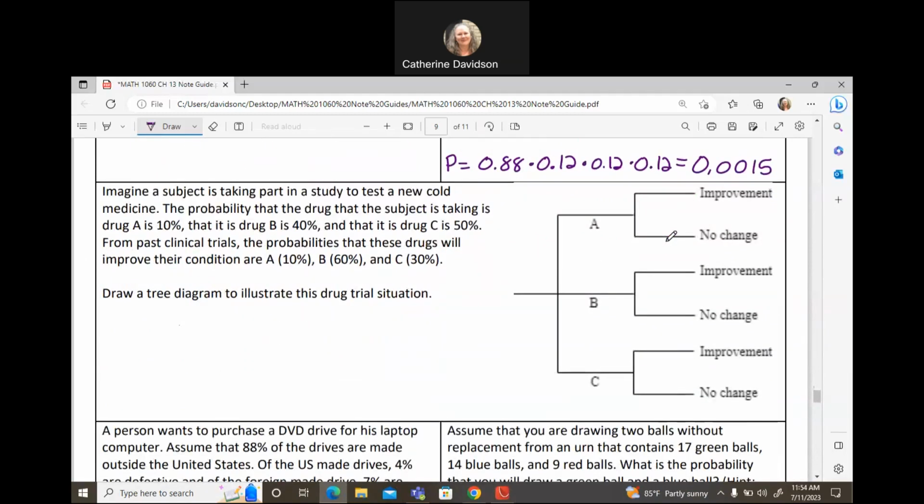Imagine a subject is taking part of a study to test a new cold medicine. The probability that the drug the subject is taking, drug A, is 10%. Probability of taking drug B is 40%. And the probability of taking drug C is 50%.